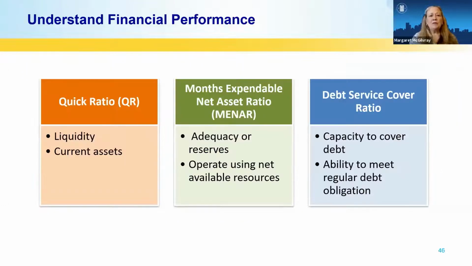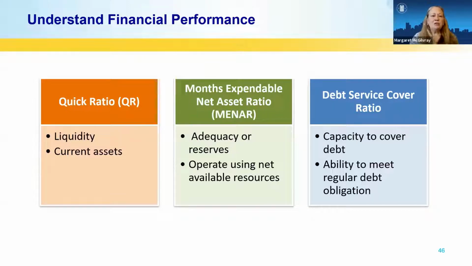So let's look at the financial indicators now. So as I mentioned, HUD evaluates financial performance, or PHAS, based on 3 criteria. And these criteria are the quick ratio, or the housing authority's liquidity, which basically means how much money the housing authority has in the bank versus their worth in terms of assets or debt service.